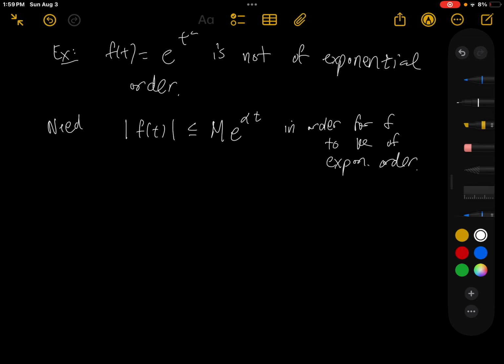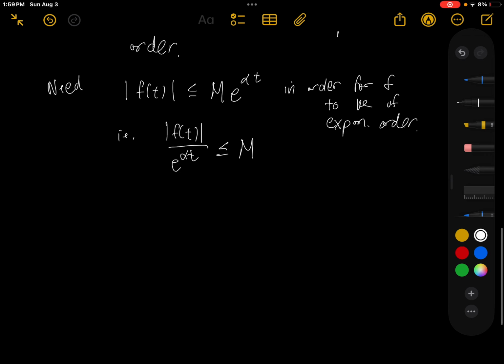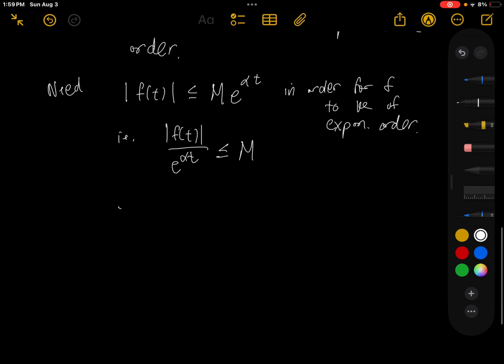But what is going on? When you divide by e to the alpha t, this needs to be bounded by some constant m, for all t. Well, when you have e to the t squared and you divide it by e to the alpha t, that is going to be e to the t squared minus alpha t.